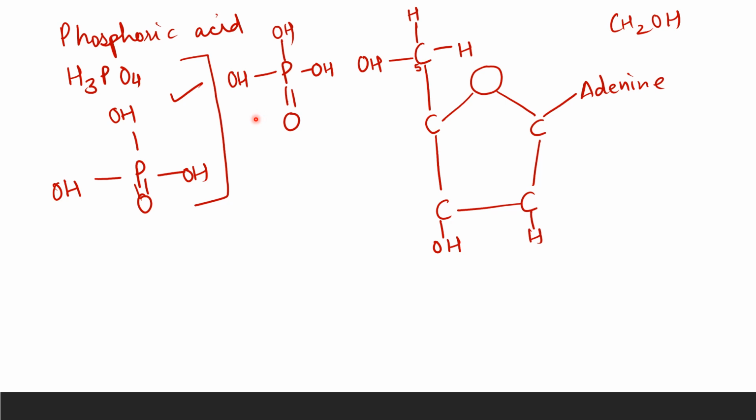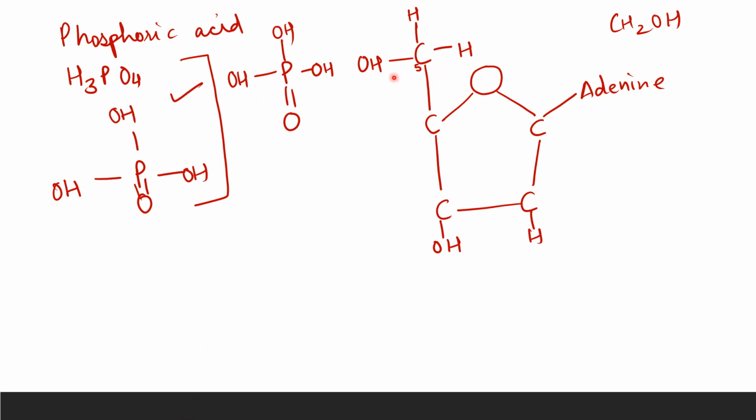So the basic chemistry we all know that OH is an alcohol, right? And CHO is an aldehyde, COOH is a carboxylic acid, right? So we all know about this, right? So now what we need to do, we need to attach the phosphoric group with this C5, that is a carbon, right?